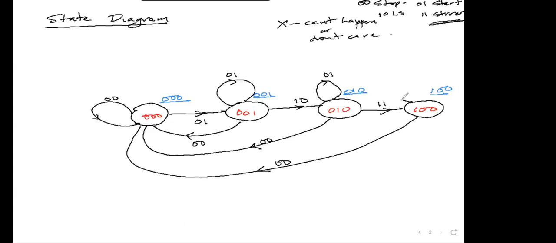It remains. And the other two are can't happen, so we're going to leave them off. So this is the diagram that we have, the state diagram.